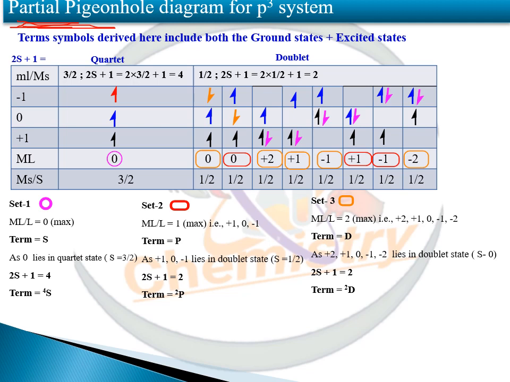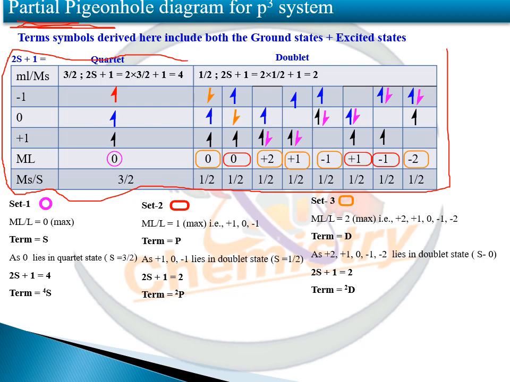Now how many sets do we have over here? We can calculate the maximum number of term symbols from this particular pigeonhole diagram. How? Set 1, this one, where the ml value is 0.